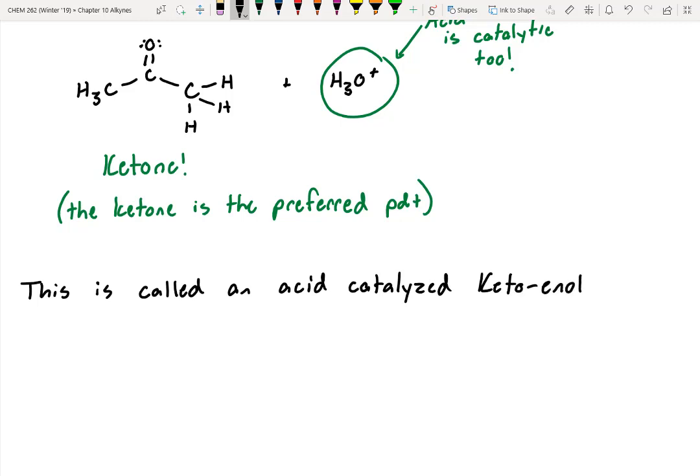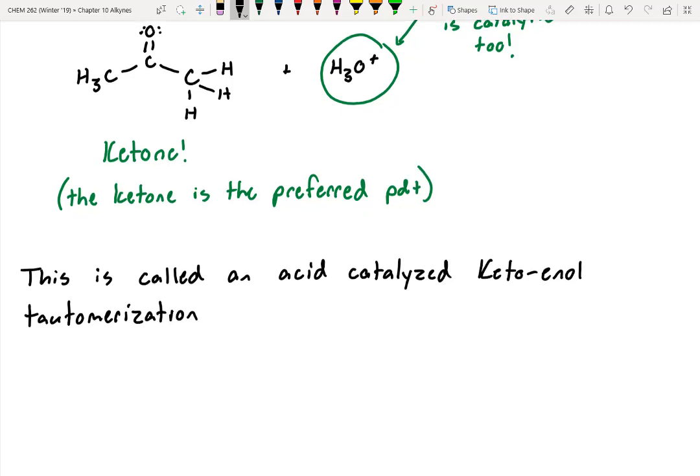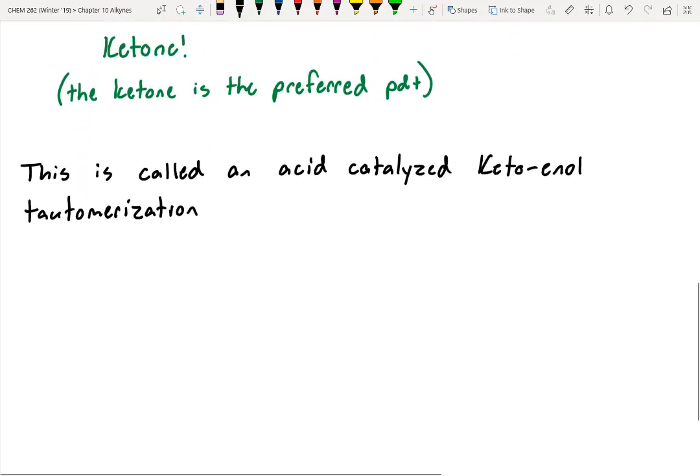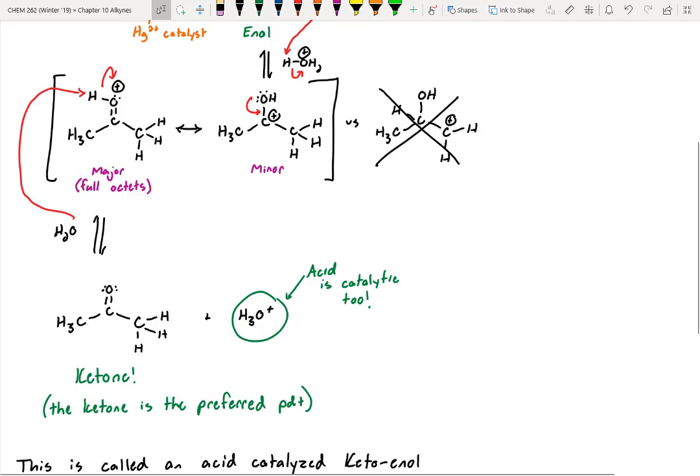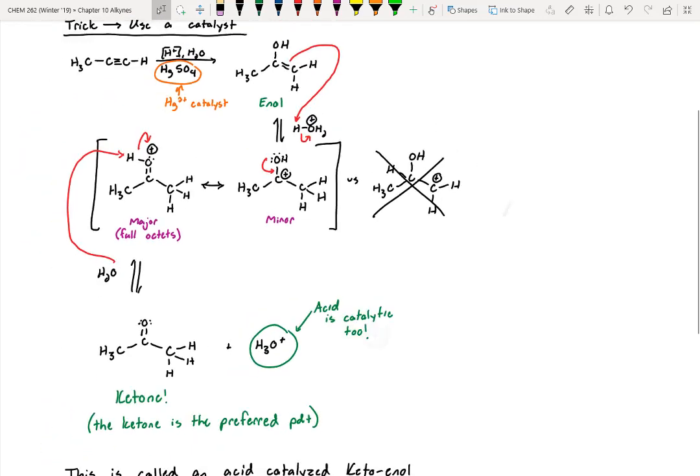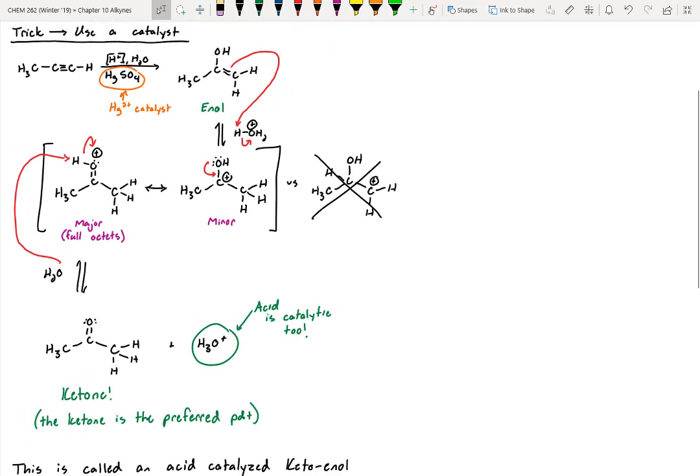Does anybody know what a tautomerization is? So if we look at this, sorry, I'm going backwards a bit. I'll zoom out. Between the enol and the ketone, have we changed the molecular formula at all?